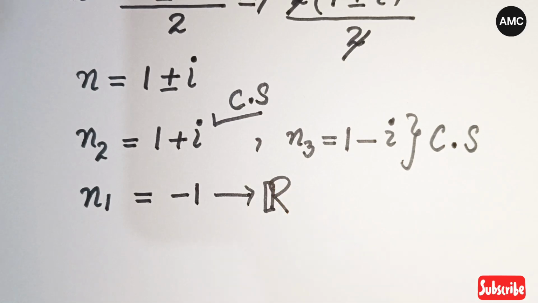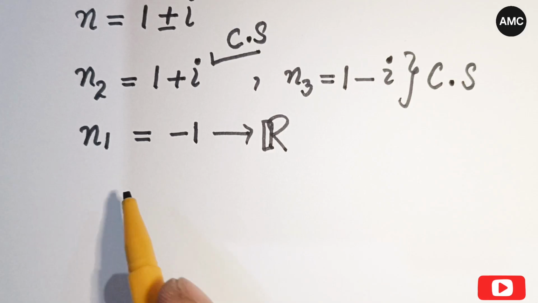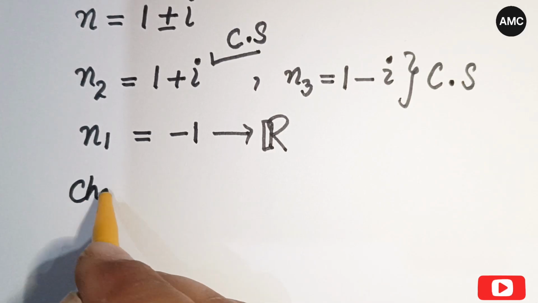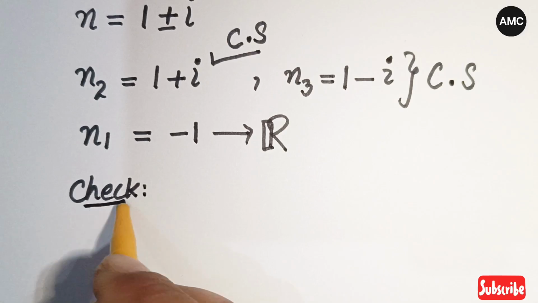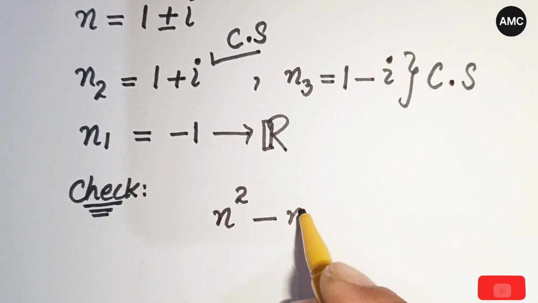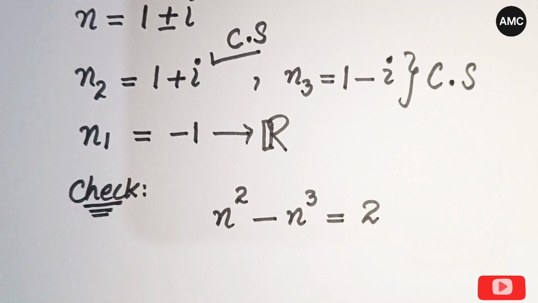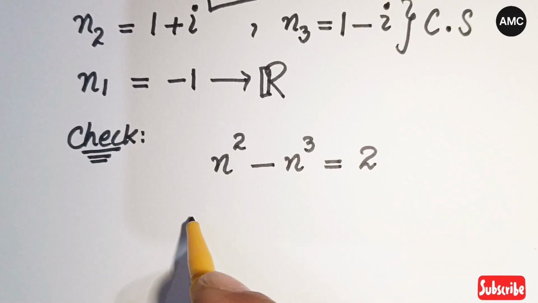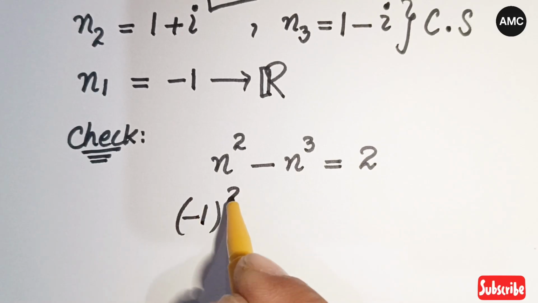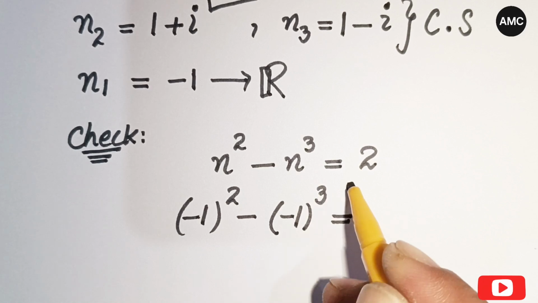So now we are going to check our problem by using this real value. Our problem is n squared minus n cubed is equal to 2. Now if n is equal to minus 1, then it will be minus 1 whole squared minus minus 1 whole cubed, is it equal to 2?